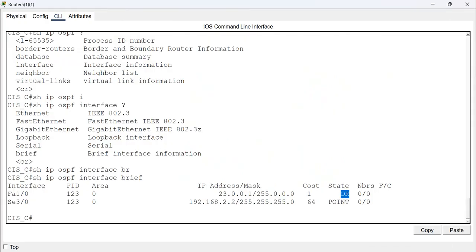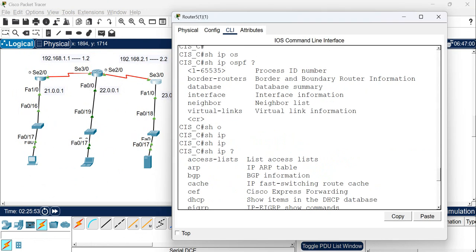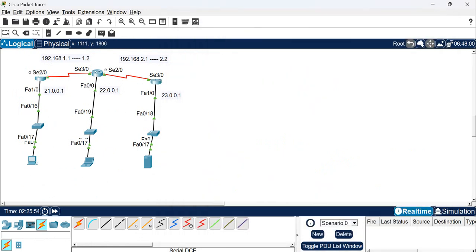We have DR, BDR, DROTHER. Okay, guys, clear? Okay, let me paste this information over here.